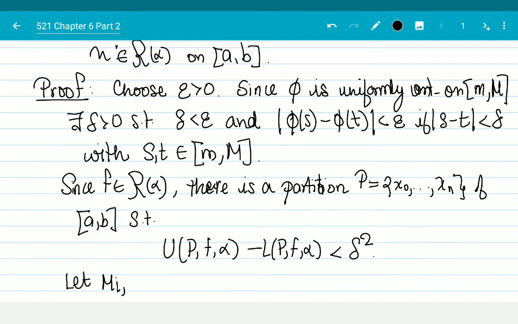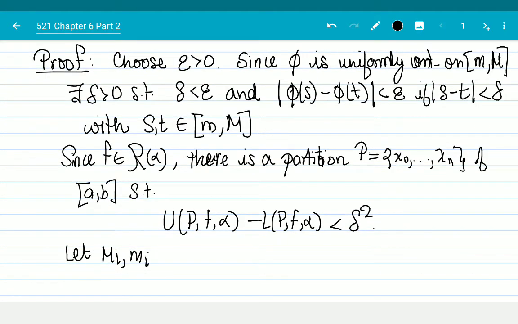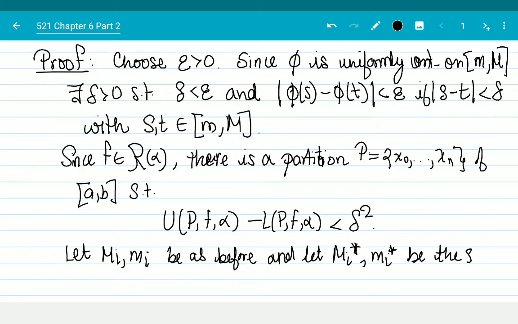Let capital Mi comma small mi have the same meaning as before, and let capital Mi star comma small mi star be the numbers for h.